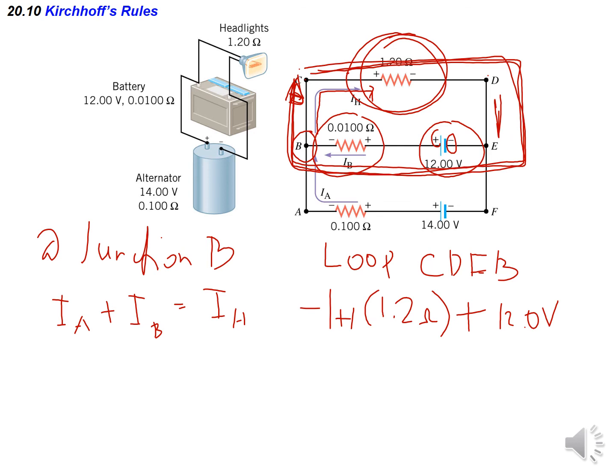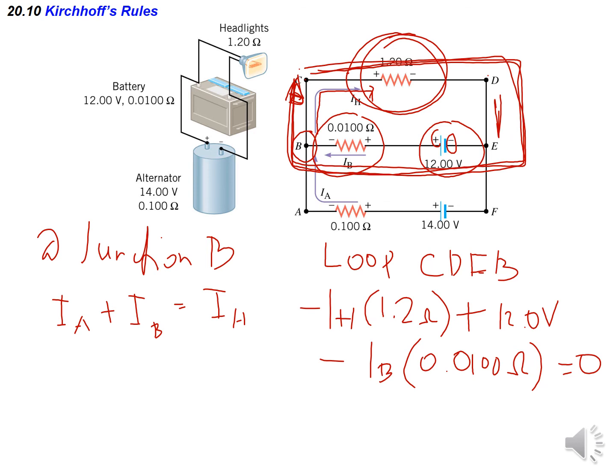The current here is IB, and the direction of the current is the same as the travel, so we will also use negative. So this is negative IB multiplied by 0.01 ohms, and this should be equal to 0.